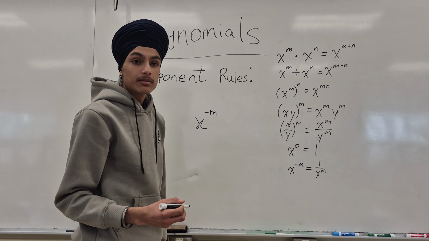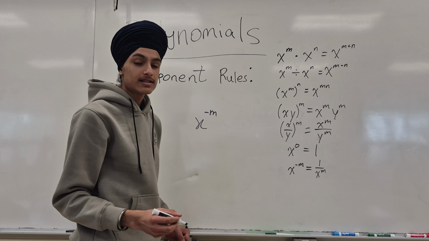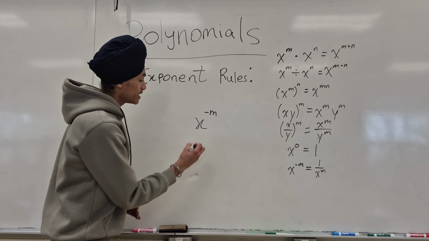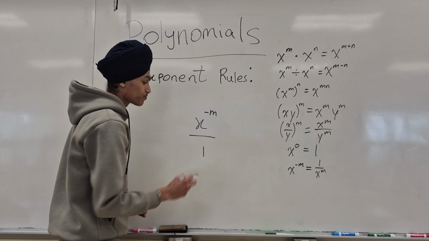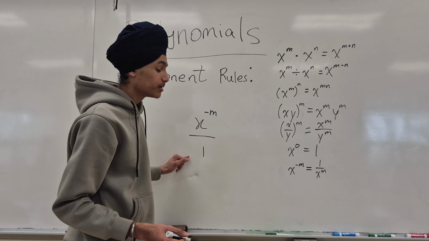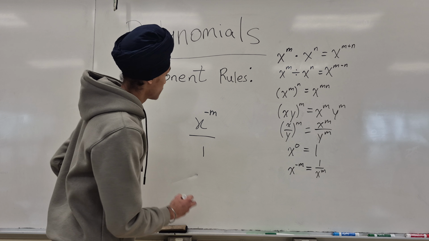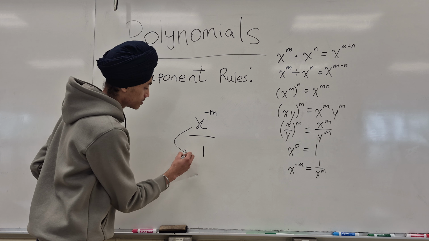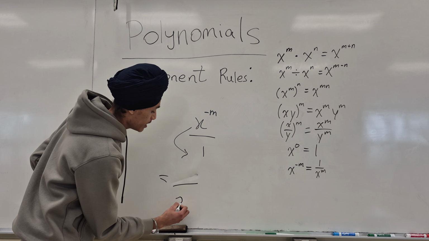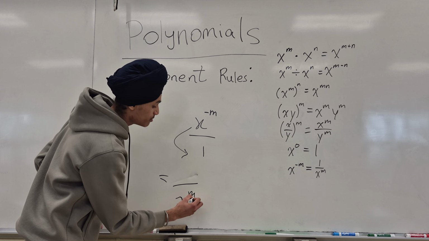As you all remember, any number is always divisible by 1. So this x is divisible by 1. Now, we can change the numerator into the denominator, so this x goes in the bottom, and the m becomes positive.